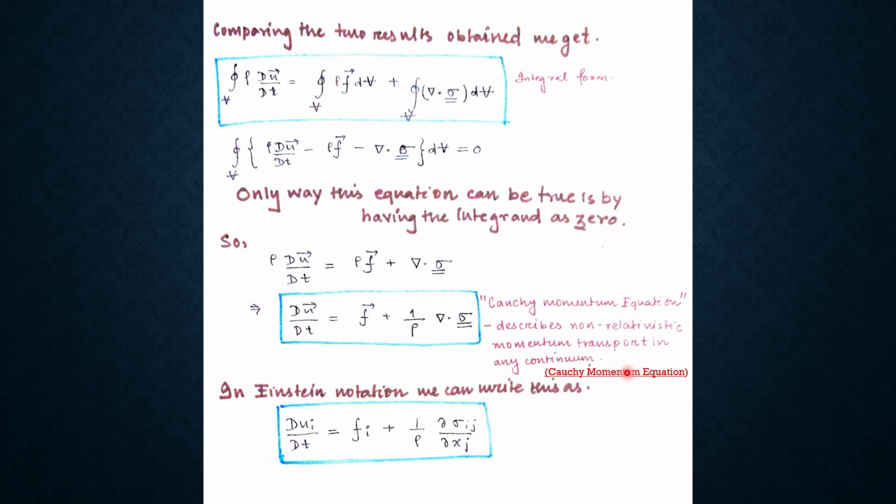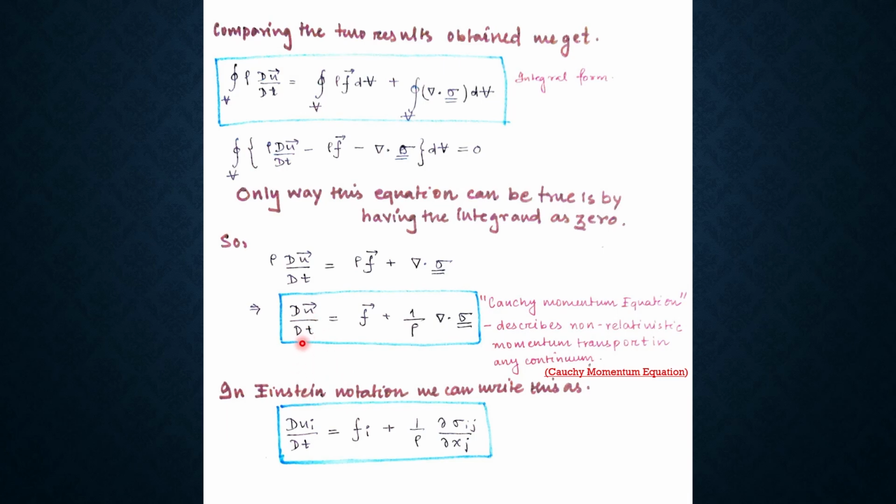In this notation I have expressed everything as vectors, and it is justified. u is a vector, f is a vector, and sigma, which is a tensor, has its divergence taken, so the rank is reduced to a vector. So this whole equation is also consistent in terms of rank.